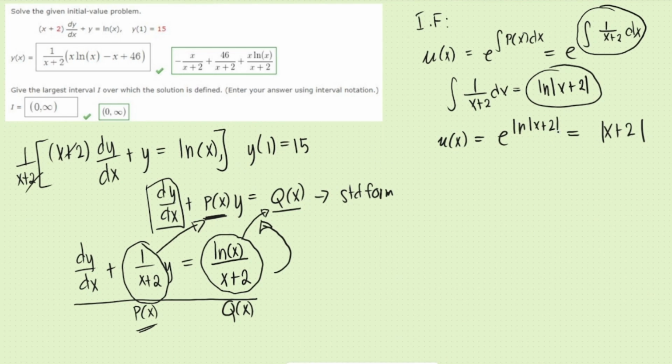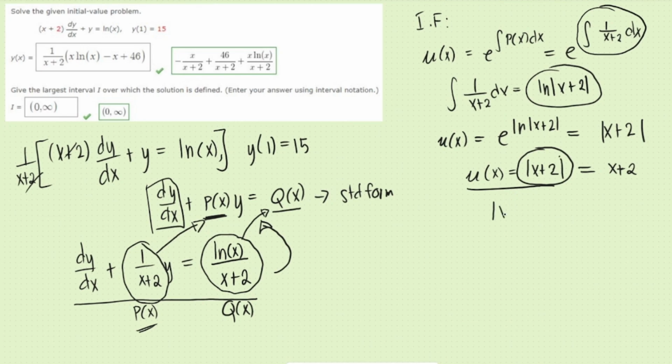After finding our integrating factor, we proceed with multiplying x plus 2 to our original differential equation, so we can isolate y and solve for the actual solution. But first, we will need to get rid of the absolute value because it will be easier. We remove the absolute value since x plus 2 can't be negative.